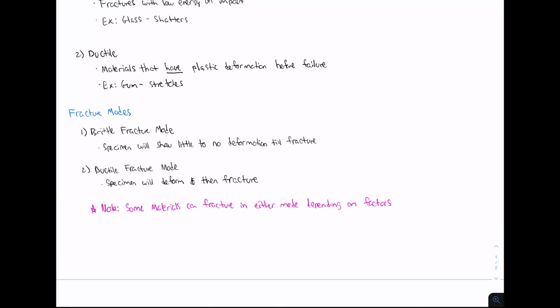Then we have the ductile fracture mode where the specimen is going to deform and then it's going to fracture. And as we noted before, a material can fracture in either mode depending on some factors. In this case, for this experiment, we're going to be looking at temperature, depending on what temperature that material is currently experiencing.